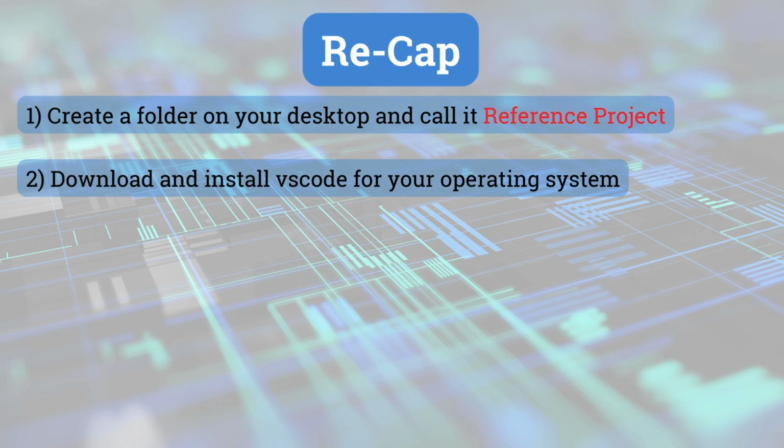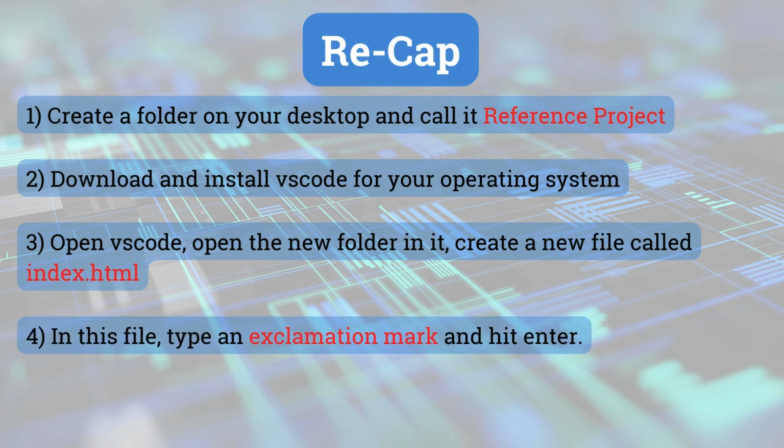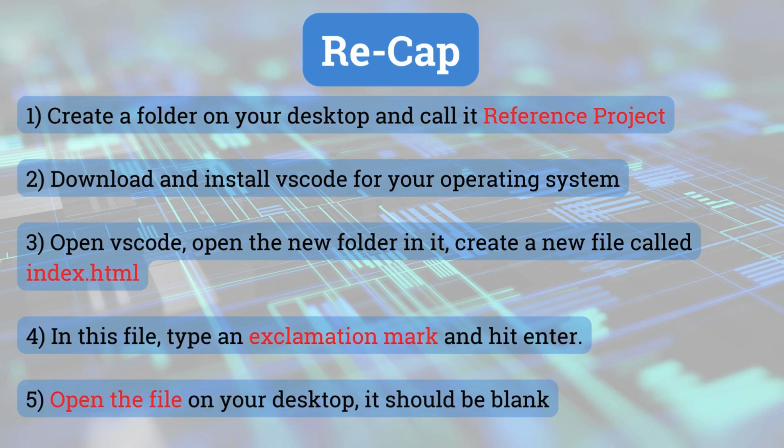Next, download and install Visual Studio Code Editor for your operating system from the link in the description. Open VS Code, then open this folder and create a new file called index.html. In the file content, type an exclamation mark and hit enter. This should create a new standard document for you. Open the file from the desktop folder and it should be a blank page as we have not put any content in it yet. If you get stuck, just watch these videos first.